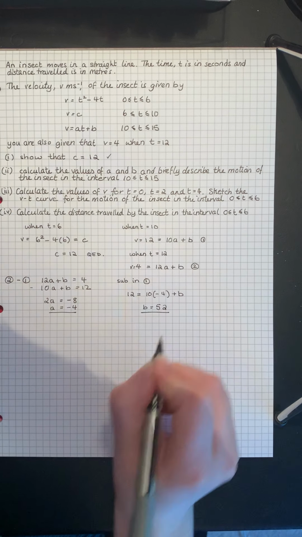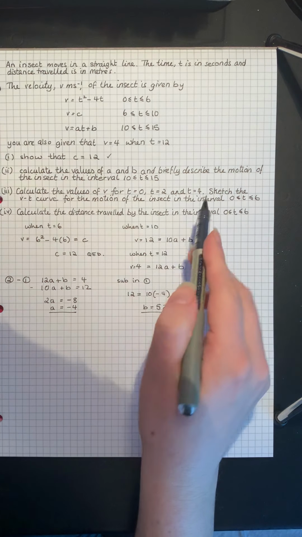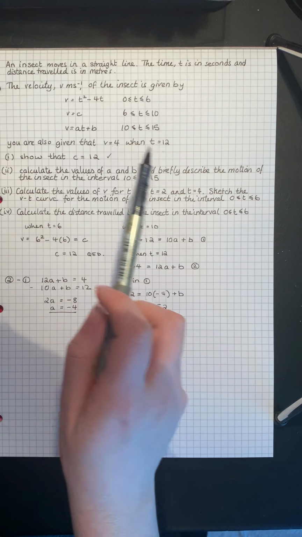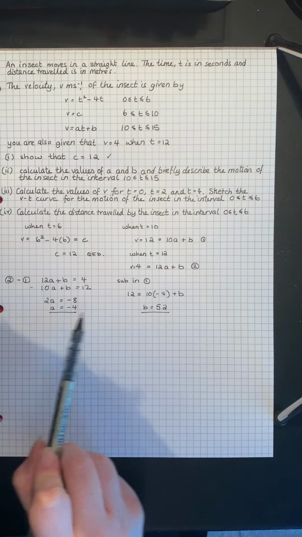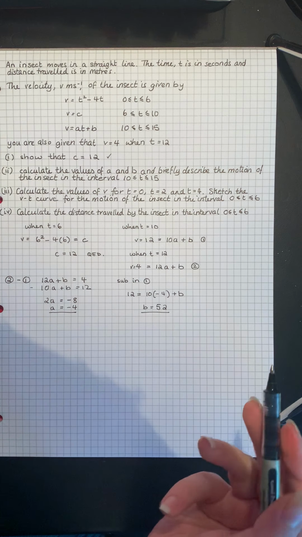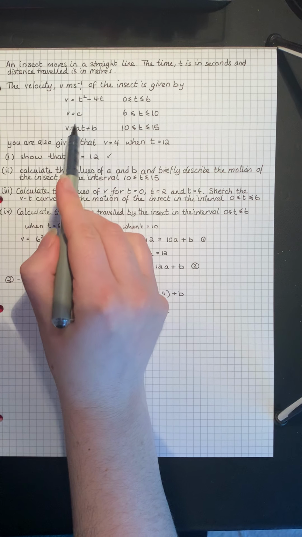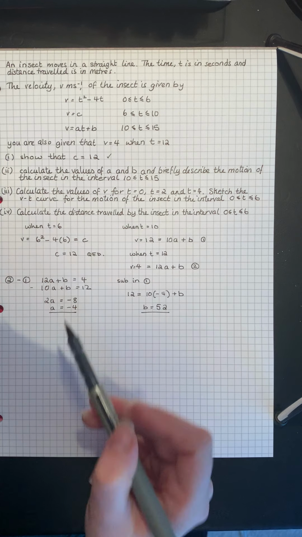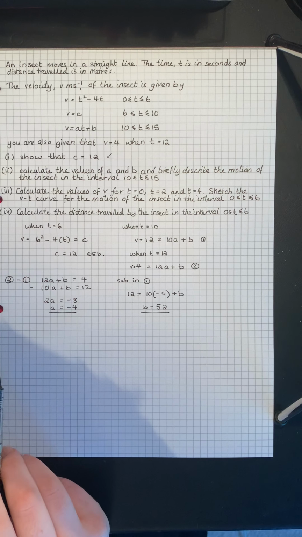Okay, so those are our two values. Then it says, briefly describe the motion of the insect in the interval. So its velocity is -4t plus 52. So that a there, that's its acceleration. Because think about, if we were going to differentiate that, we would just be left with -4.